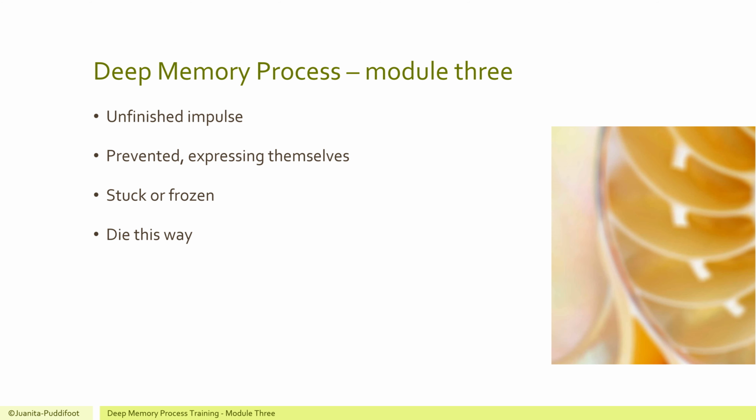All of these impulses are stuck within the body, the muscles and the energy layers of the dying person. In DMP, you will learn to work with these residues and bring a sense of relief and release.